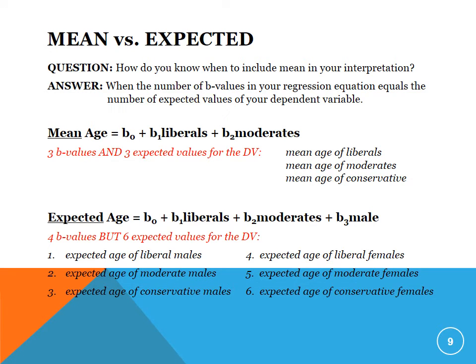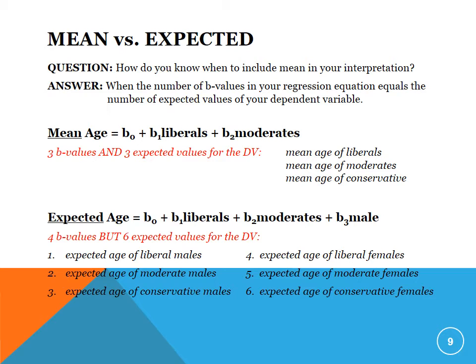In this case, we use the word expected instead of mean because our b's don't equal the expected number of values. Okay, so how many b's do we have? We should count 4, because we have b naught, b1, 2, and 3. So that's 4 b values.